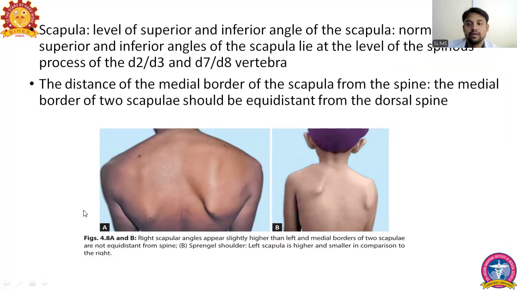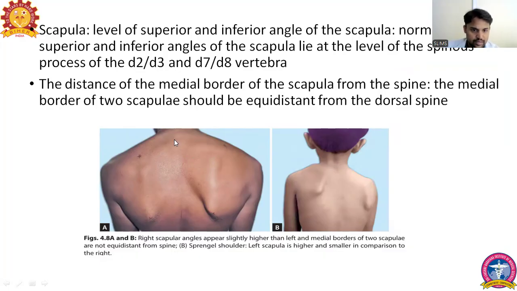Posteriorly, very importantly, you should see the scapula and the level of the scapula. This is the superior border and the inferior border of the scapula. Normally, the superior angle of the scapula lies at the level of T2, T3, and the inferior angle at T7, T8. The distance between the medial border of the scapula and the spine should be equidistant.